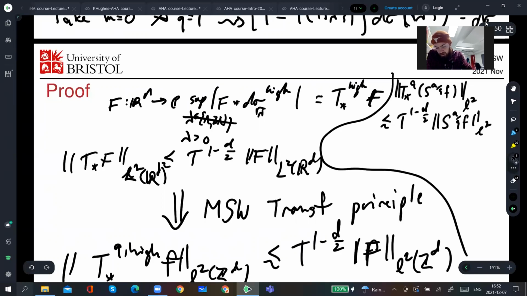And now I want to estimate the L2 norm of this. Well, the way we do that is that's just at most, by Plancherel's theorem, the L infinity norm of the Fourier transform on the torus.